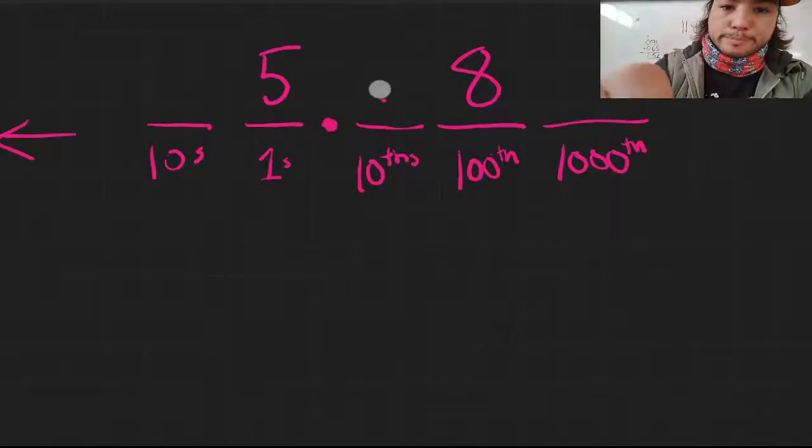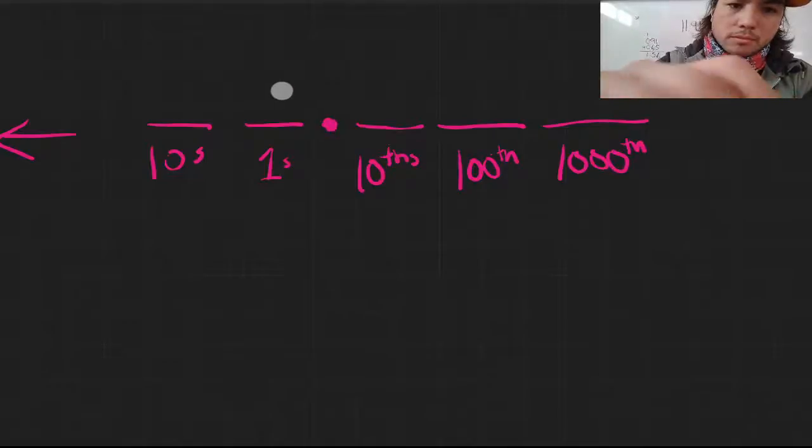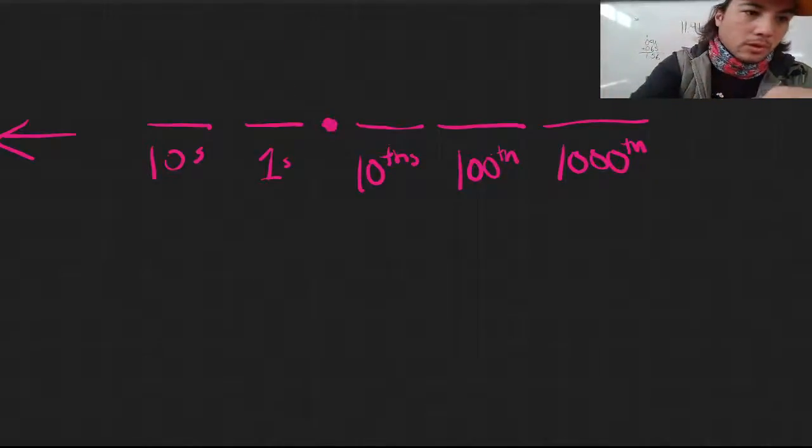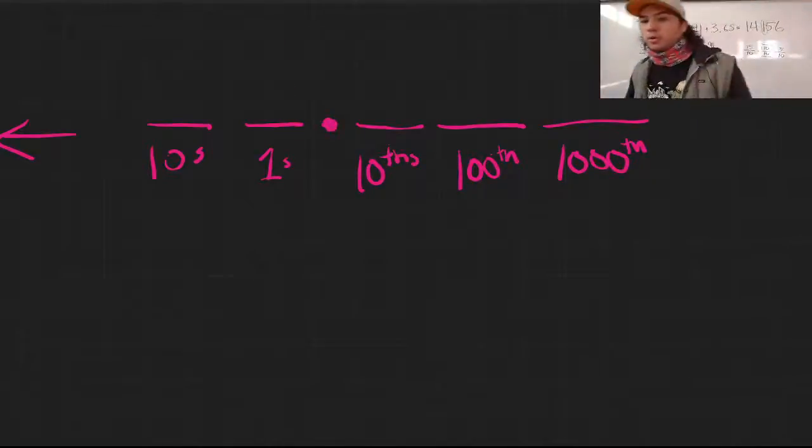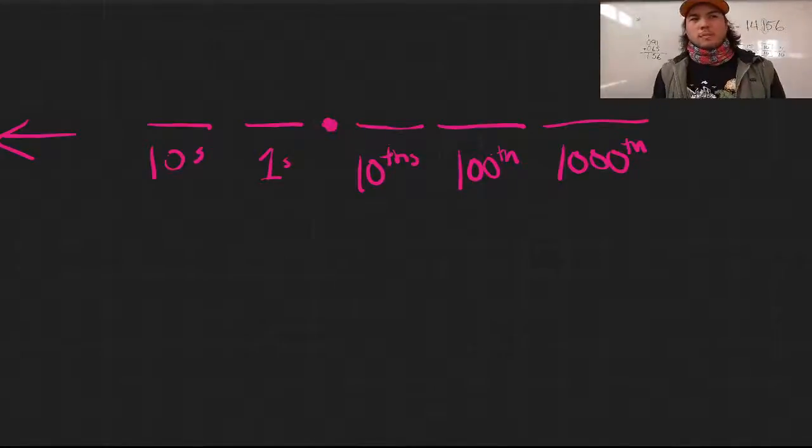If we were to kind of reverse engineer this here, okay, let's say your assignment is to create the number and write the number 11 and 84 hundredths. Okay, so we have 11.